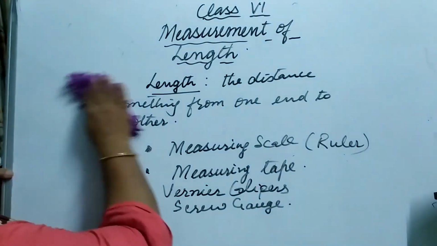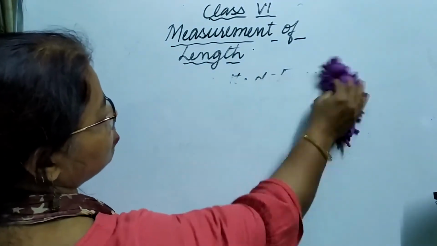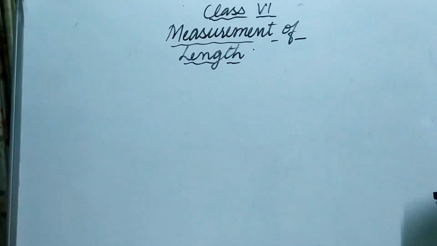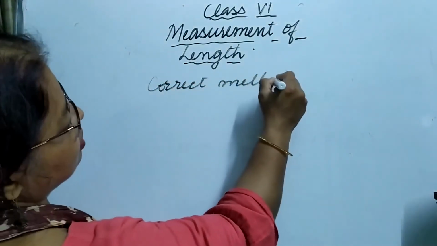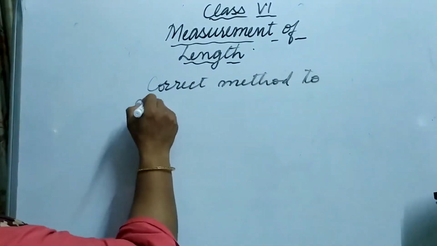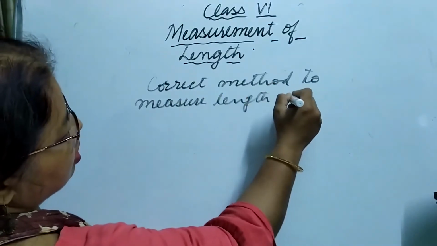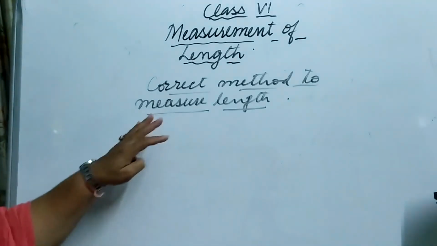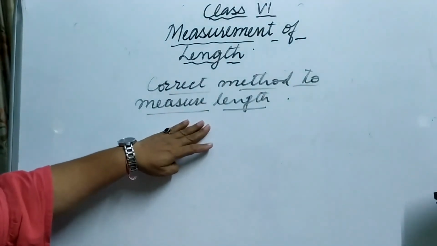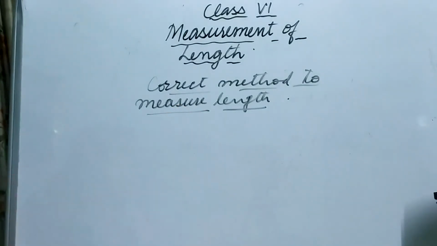Now let us see what is the correct way to measure the length. How to measure the length in a very correct manner. See, the correct method of measuring length or distance is using standard tools.